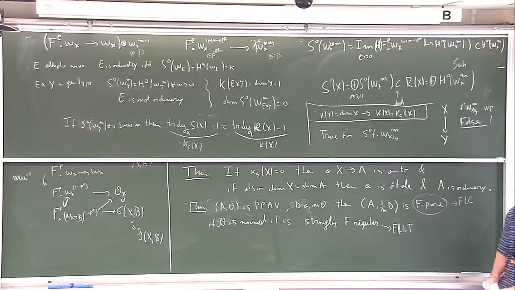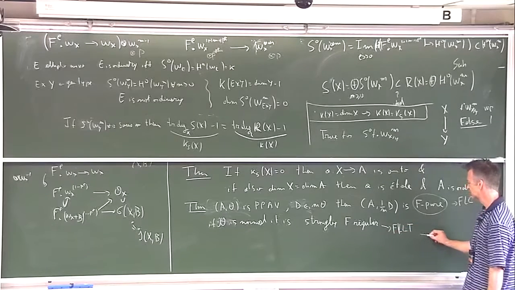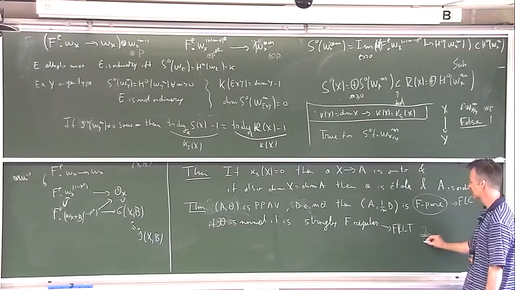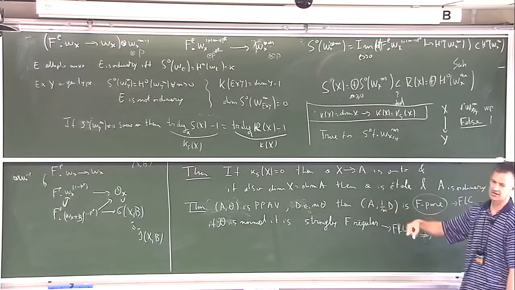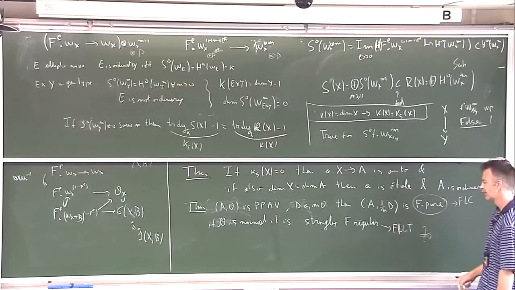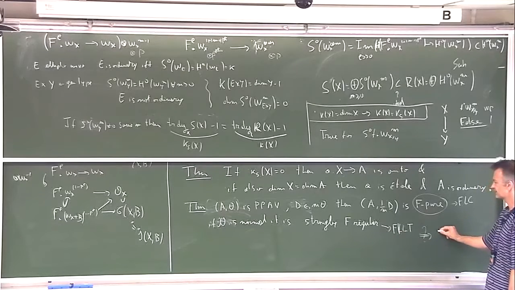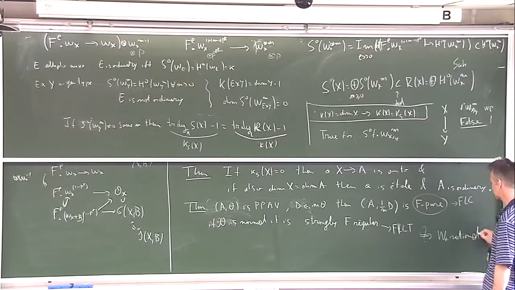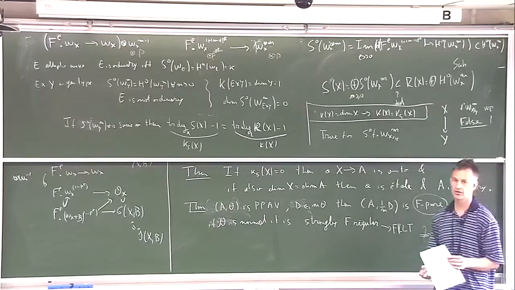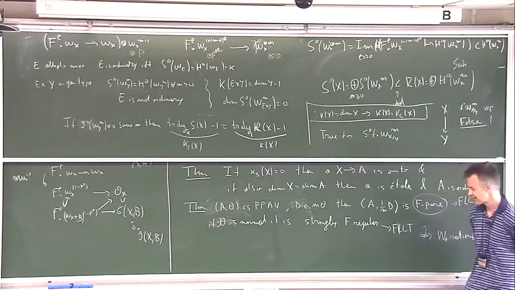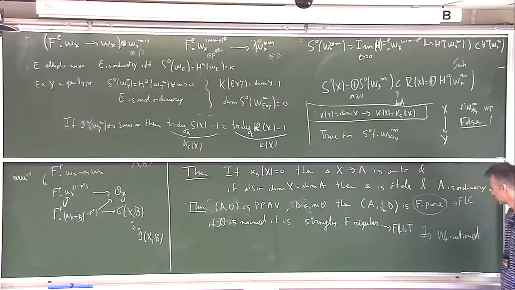So in particular, I believe, but I haven't checked, this should imply nice properties about the singularities of theta. Well, it certainly doesn't imply nice properties, but I believe it implies in particular that they are, how do we put it, WK rational, in the notation of Nakayama and others.